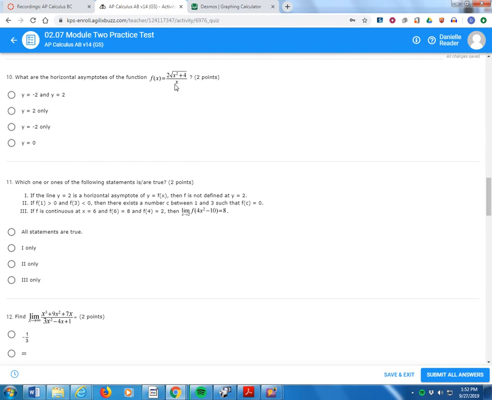Well, the square root of x squared is plus or minus x. And when I have that divided by x, that's going to be 2 times positive x over x, which is just 2, or 2 times negative x over x, which is negative 2. So my first inclination is that we're going to have a horizontal asymptote at both 2 and negative 2. But the best way to check this is just to graph it.